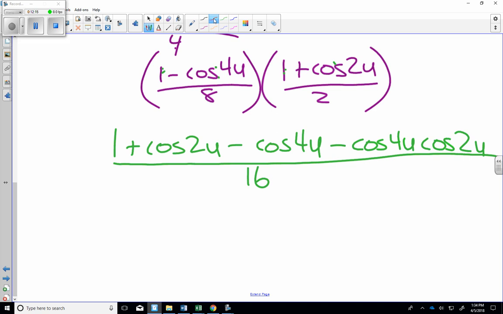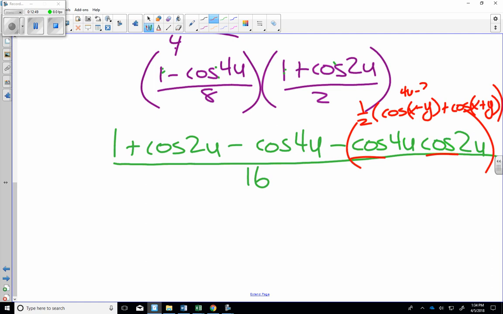So we've got first power of cosine here, but here we have a cosine times a cosine, and now we can use one of our product to sum identities, the cosine cosine one, which is the third one on your sheet. So this turns into 1/2 cosine x minus y plus cosine x plus y. And so this is 4u minus 2u and 4u plus 2u.